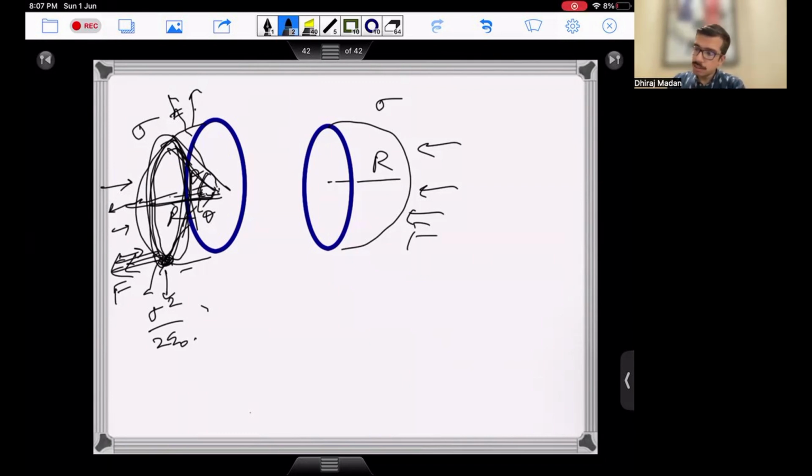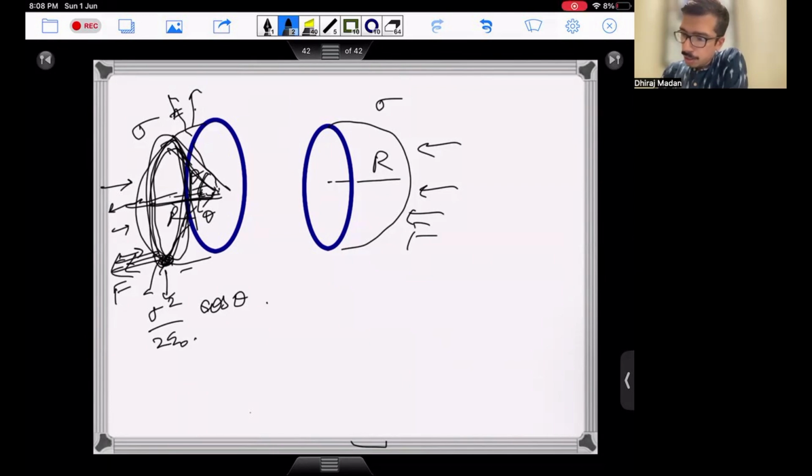Essentially, the force on every patch is sigma square over 2 epsilon naught. Out of this, the component along the theta direction is sigma square over 2 epsilon naught cos theta. If I look at this ring, how much is the area of this ring?